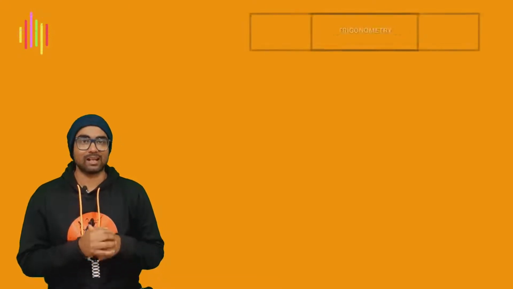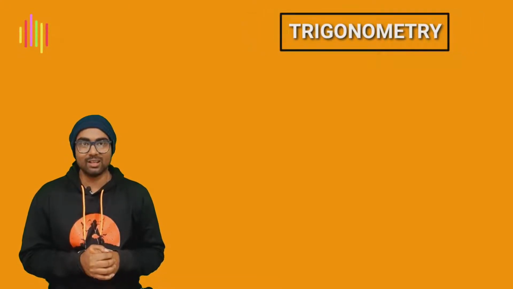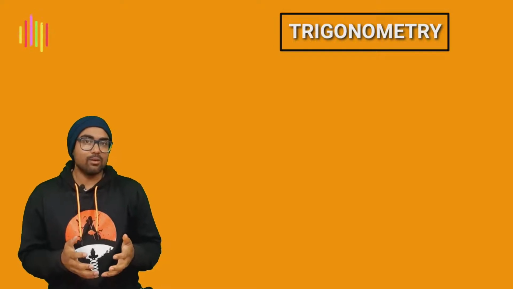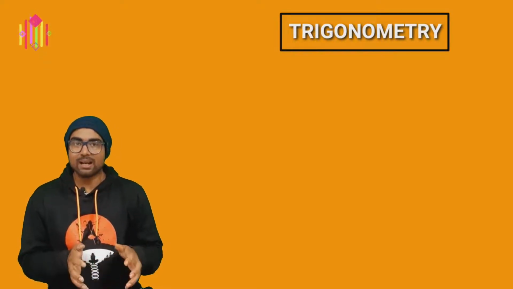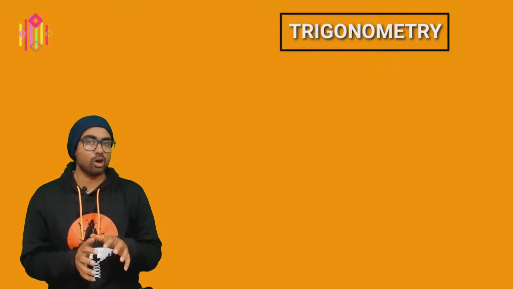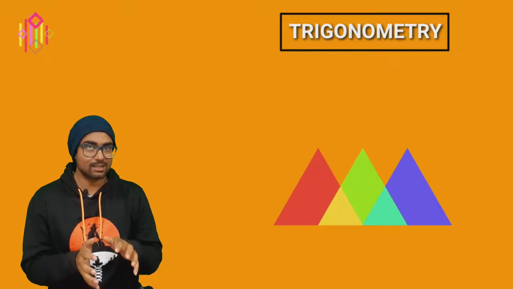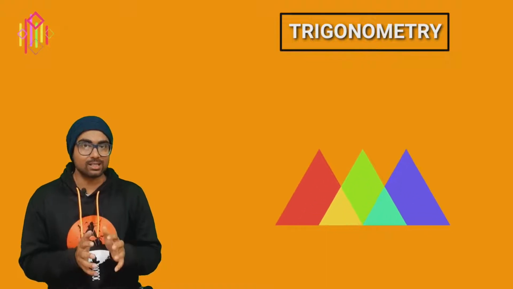So hello everyone, as we have discussed real life examples of trigonometry, it's time for us to discuss some formulas related to trigonometry. As we discussed in our very first lecture, trigonometry deals with the measurement of triangles, that is, angular distance.